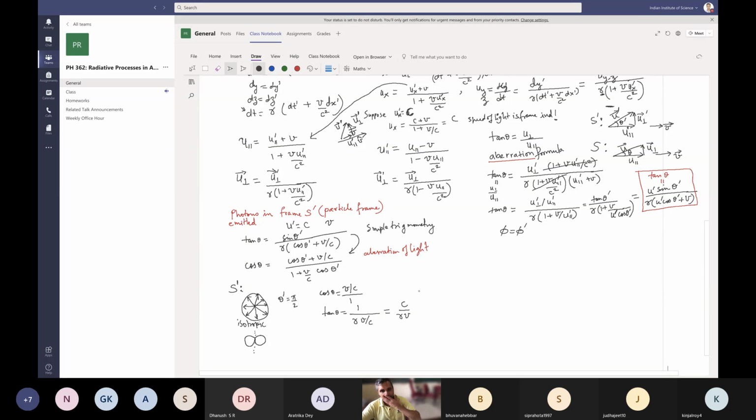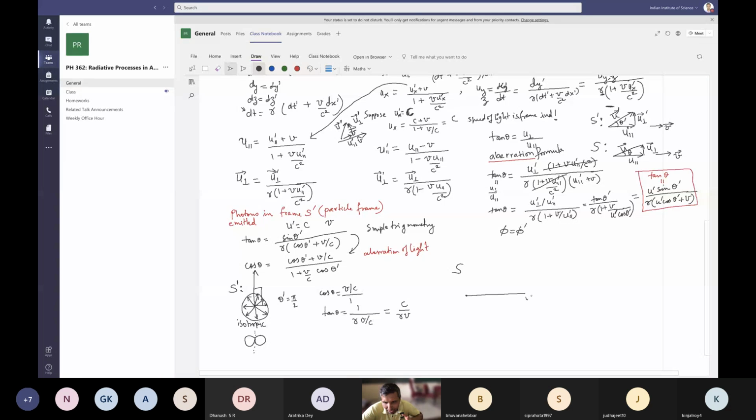Okay, so this is how the photon, which is going in this 90 degrees direction in the particle rest frame, in frame S will go at some angle.